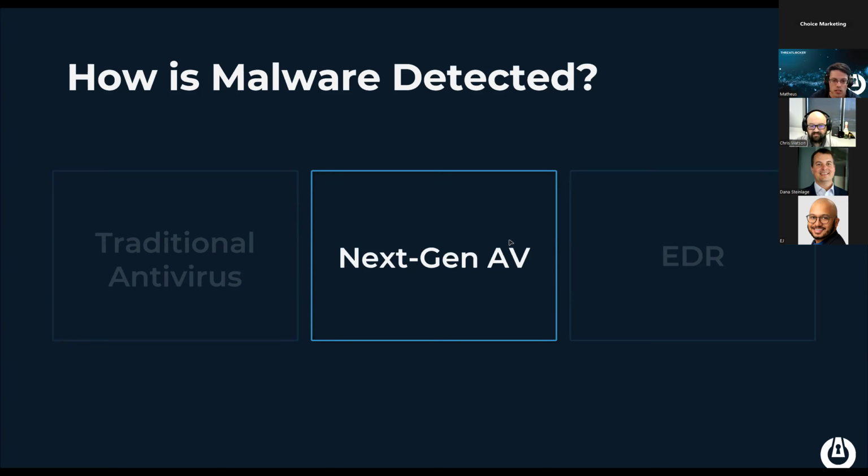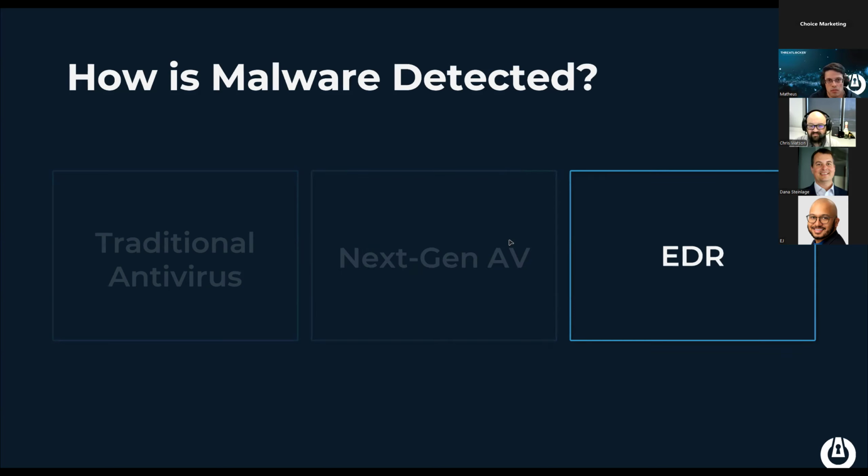And now we are more in that EDR realm, where in my mind, EDR is just another next-gen AV. It does a better job at reacting to things, so it's no longer relying on just detecting, but it can also do some reaction as well.